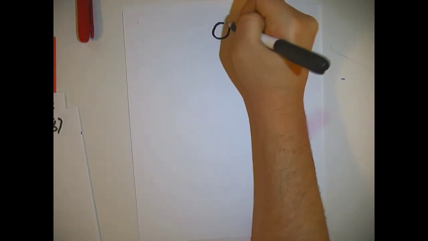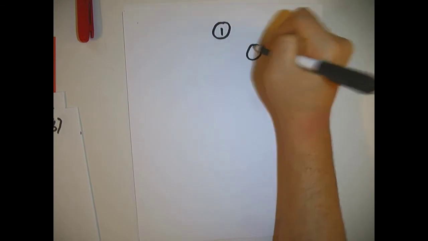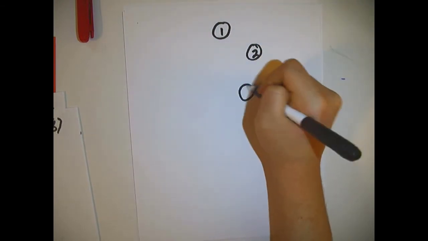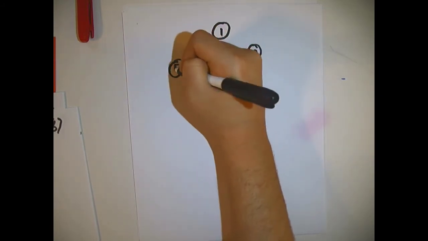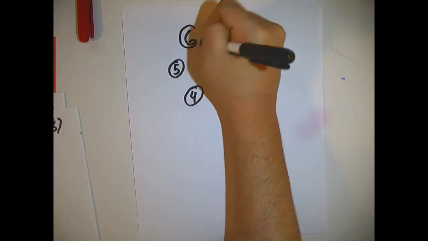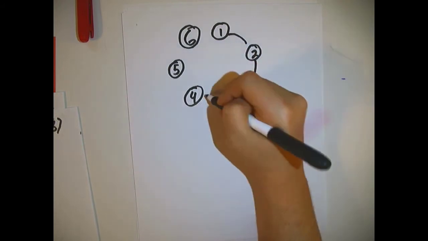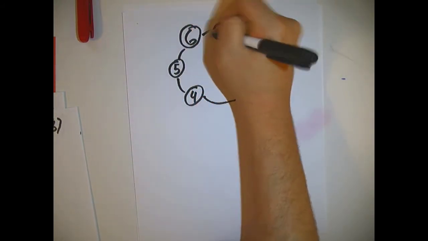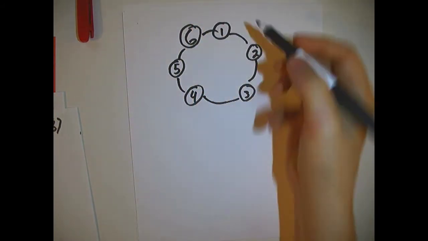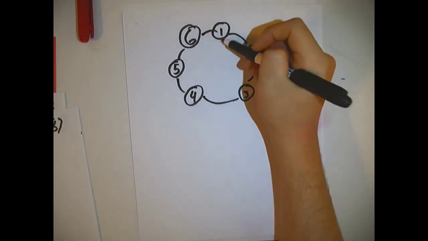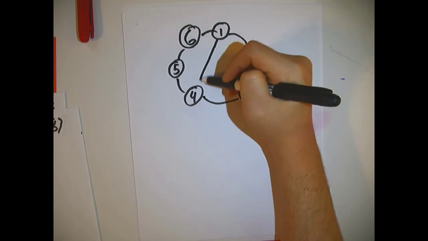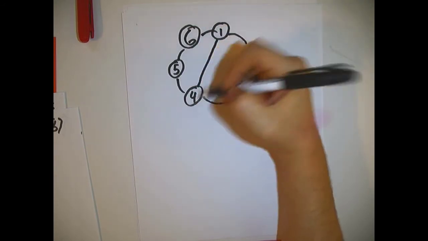And so let's look at our things. 3, 4, 5, 6. There's our necklace. And so under r cubed, where does 1 go? Well, 1 goes to 4, and then 4 goes back to 1.